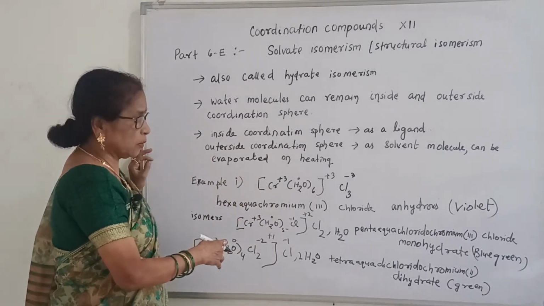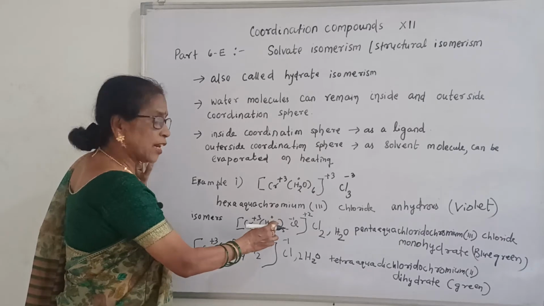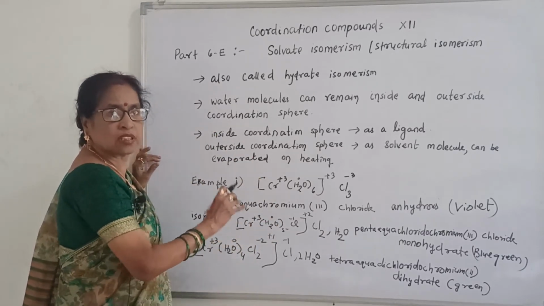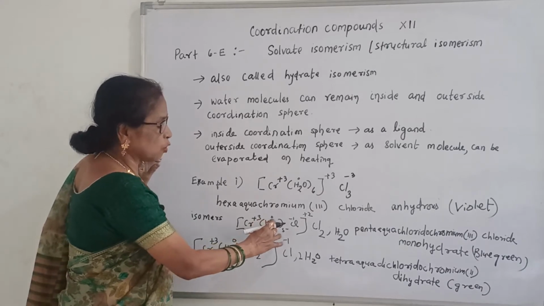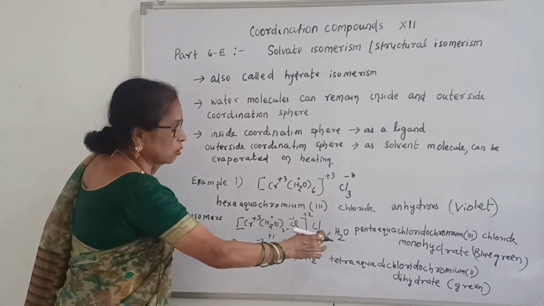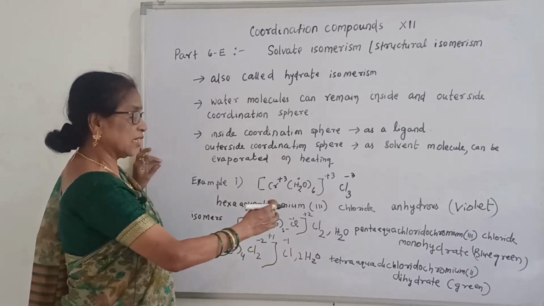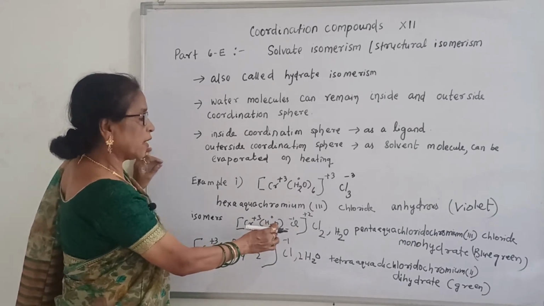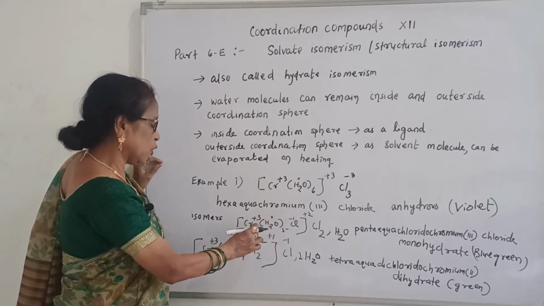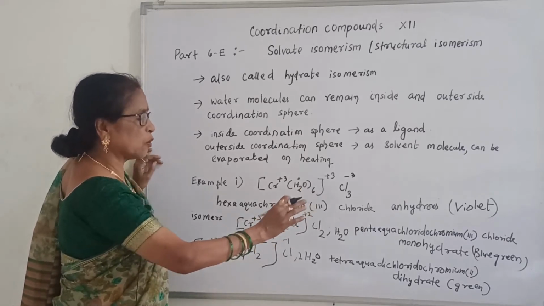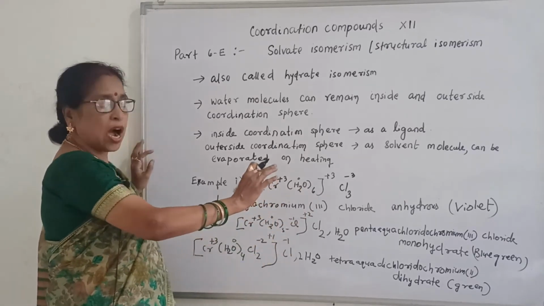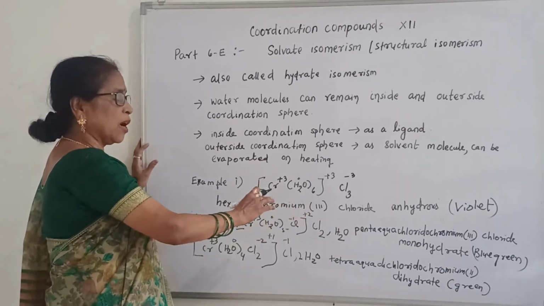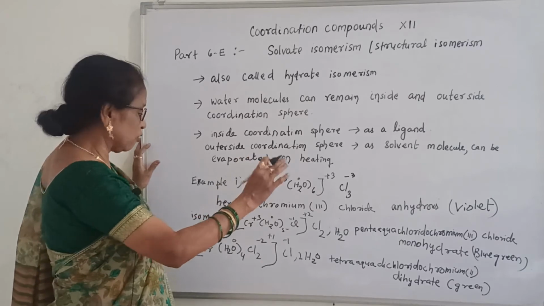Another isomer: you take a water molecule from the five present inside the coordination sphere to outside the sphere. Now it is pentaaquachloridochromium(III) chloride, and that is called monohydrate, and the color is blue green, while the first, the anhydrous, is violet.